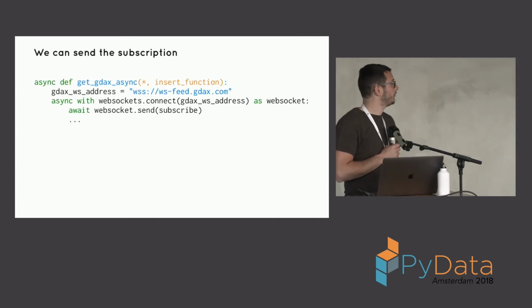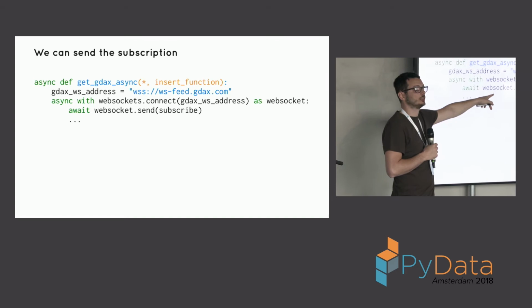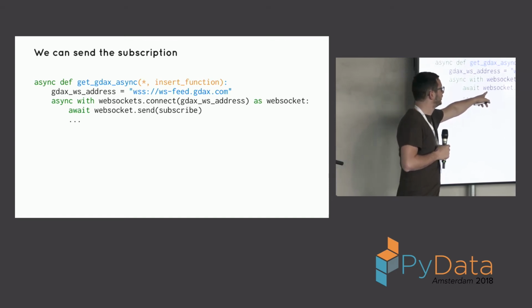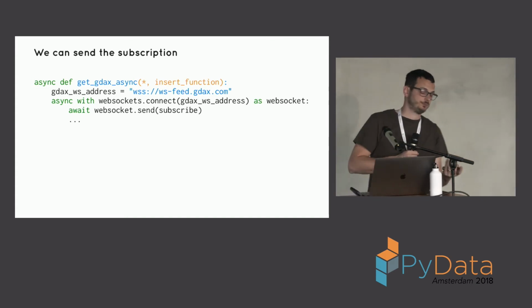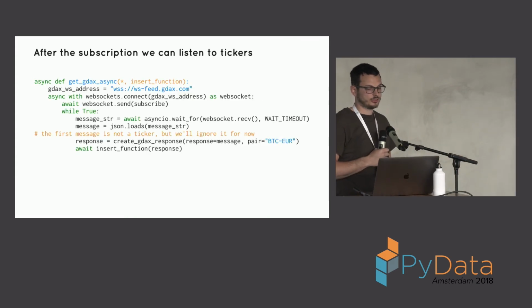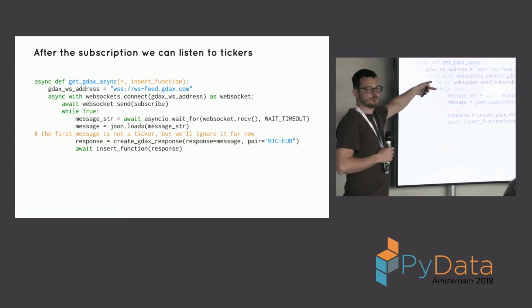Since I have to subscribe, that means I also have to send data through the WebSocket. So this one we didn't see. We can say WebSocket send, and then we send our subscribe message. We just need to send it once.